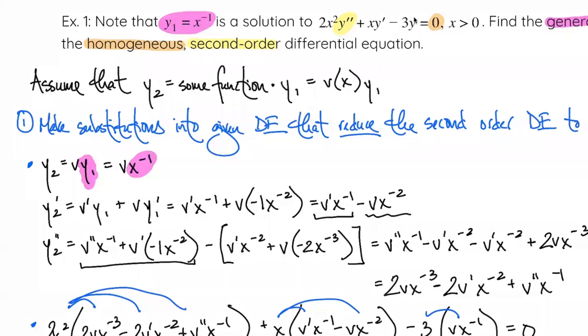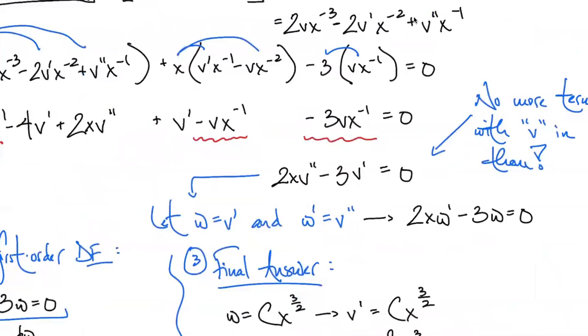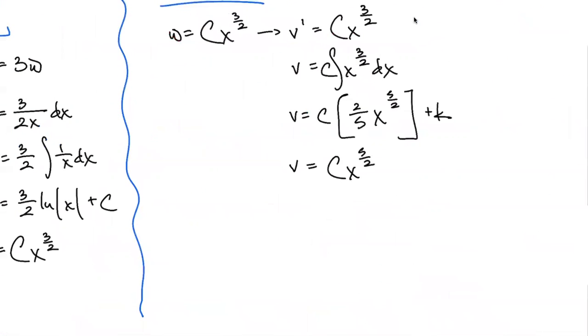That's what we're going to use to find our y2. So y2 equals v times y1, which is x to the 5/2 times x to the negative 1. X to the 5/2 minus 2/2 is 3/2.